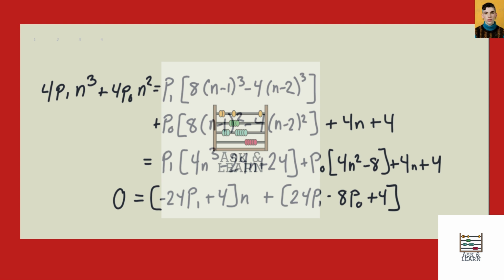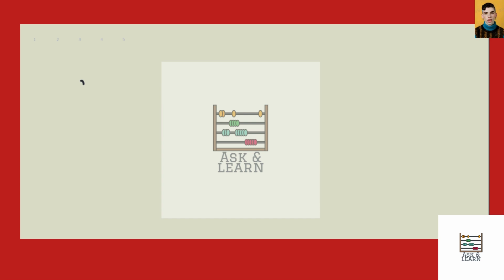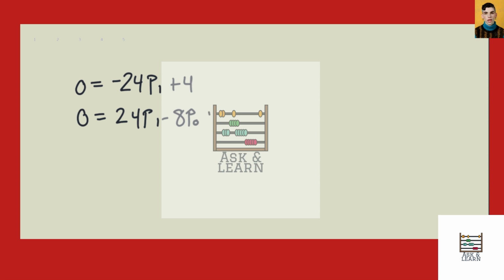Okay, so what we know is that these two coefficients, what's in the brackets, have to equal 0. So this means that 0 is equal to negative 24 p1 plus 4, and 0 is equal to 24 p1 minus 8 times p naught plus 4. So if we solve this, subtract 4 from both sides, and divide by 24, we get that p1 is equal to 1/6.